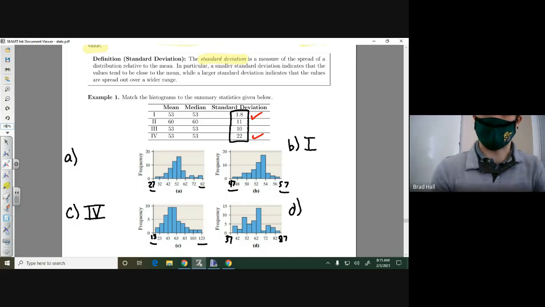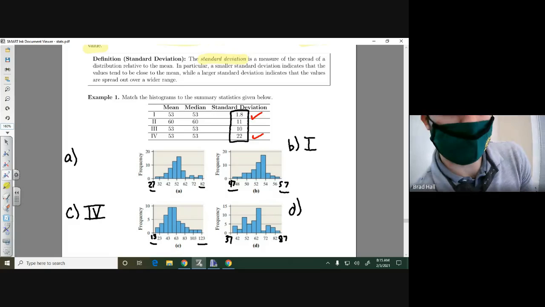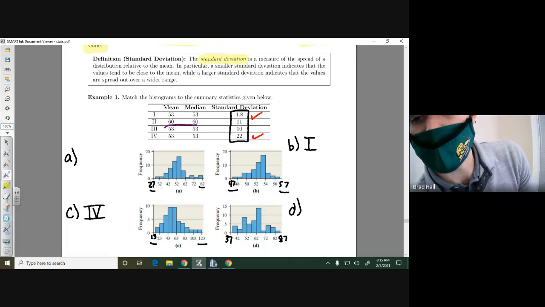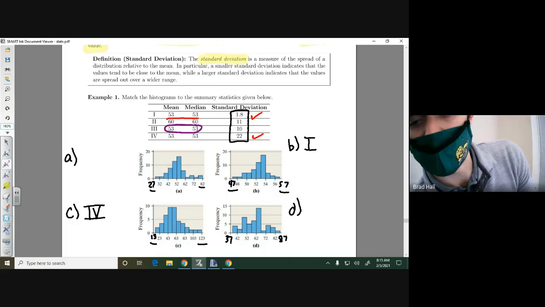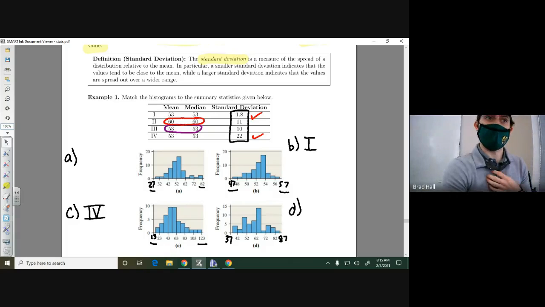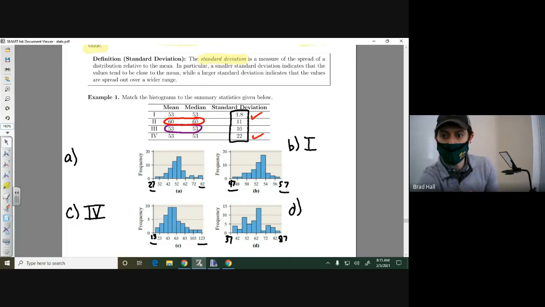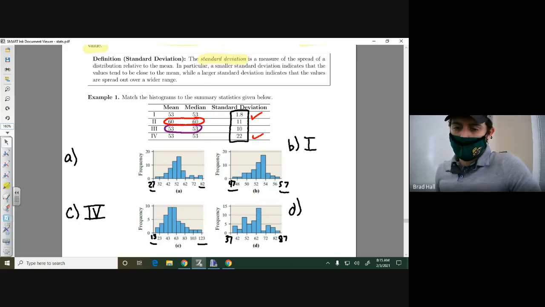Notice how in row 3, they have a mean and a median of 53. Of course, the top one has a mean and median of 60. So perhaps we can use the distribution of the histogram to determine which one is which.